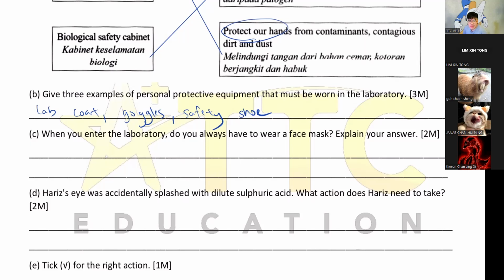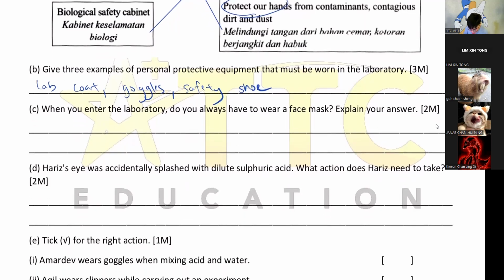Any of you here need BM? If you don't need BM, then I'm not writing. If you need BM, let me know, I can write this for you. When you enter the lab, do you always have to wear a face mask? What kind of question is this? Of course not. We only wear a face mask when handling chemicals.